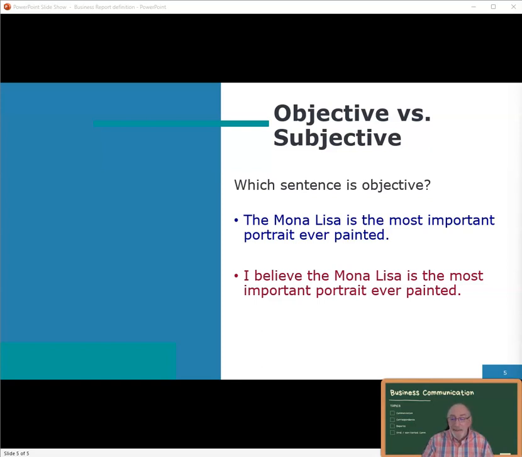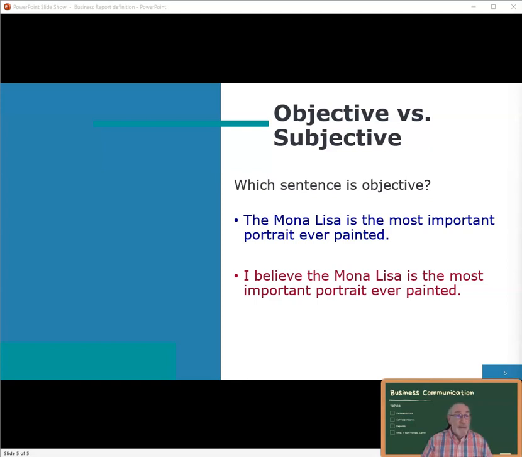This is key. While we base our reports in facts, we're still interpreting those facts, telling our audience what the so-called facts mean. This, by nature, is subjective.